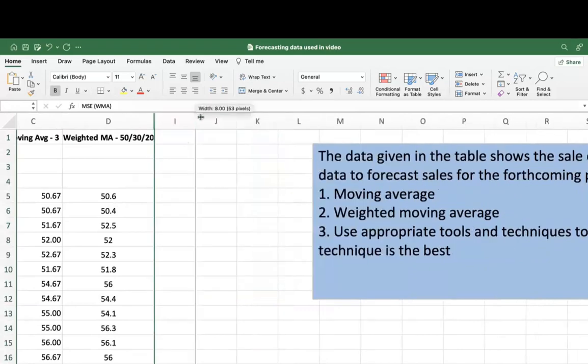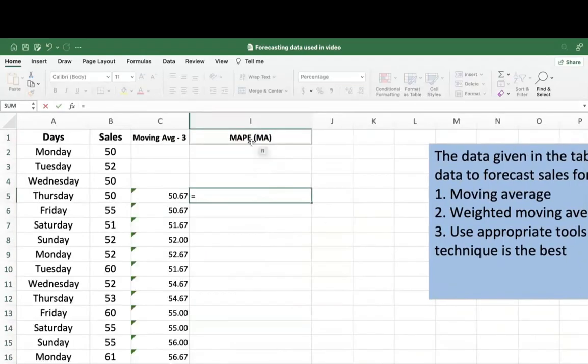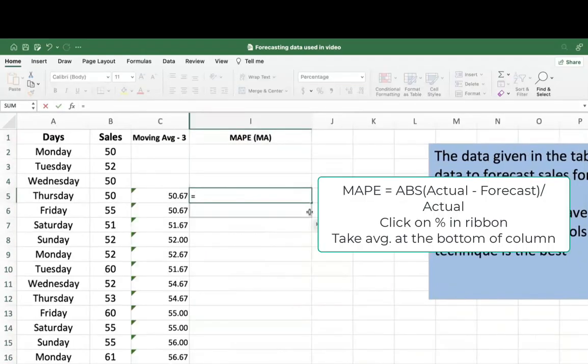using MAPE. So the idea of MAPE: E means error. I'm going to take the error, which means 50 minus 50.67. Then what comes after E? Percentage, which means divided by the original actual value, that's 50. That's the percentage. And then it's A, absolute.